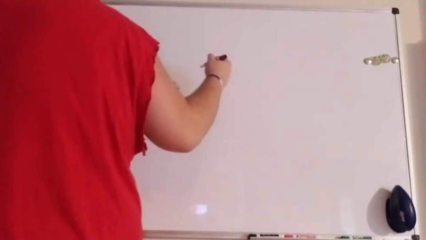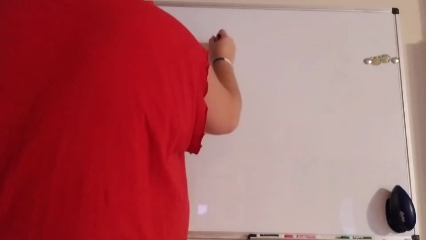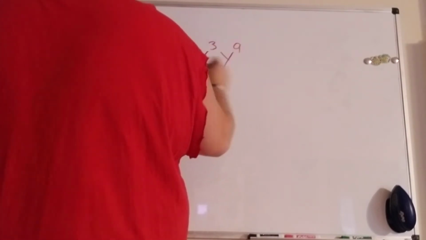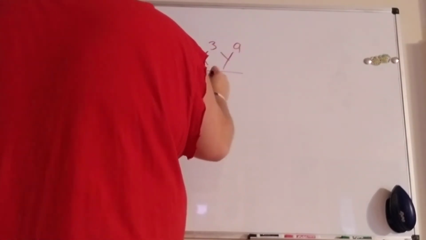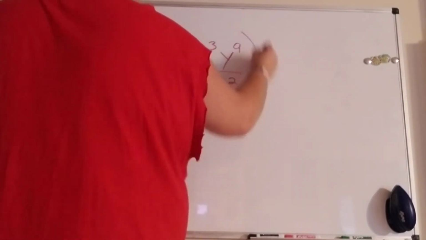All right. On to the back side of the paper. We have x cubed, y to the 9th, over x to the 21st, y to the 2nd, all to the 0.